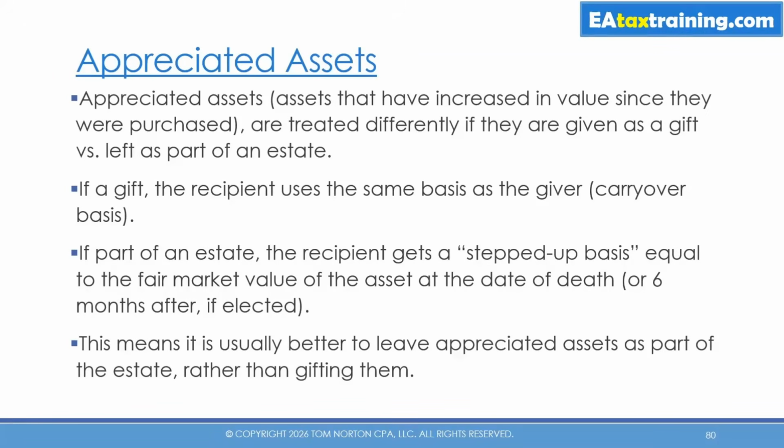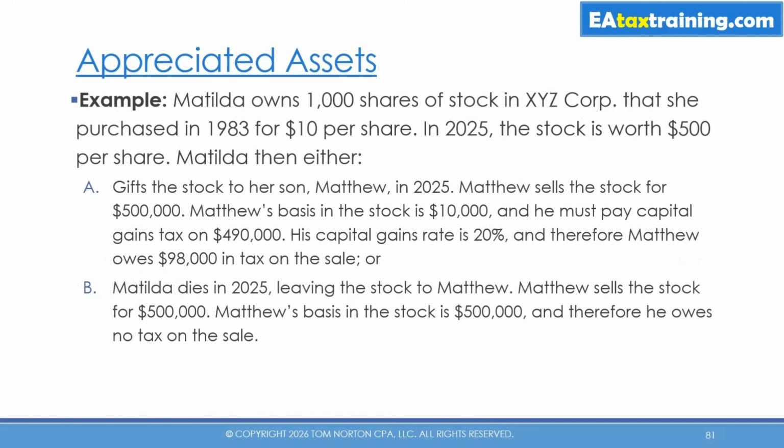If the assets are part of an estate, the recipient gets a stepped up basis equal to the fair market value of that asset at the date of death, or 6 months after the date of death if the executor elects it, but we'll just assume the date of death to make it easy. What this means is it is usually better to leave appreciated assets as part of the estate rather than giving them as a gift. So let's look at an example.